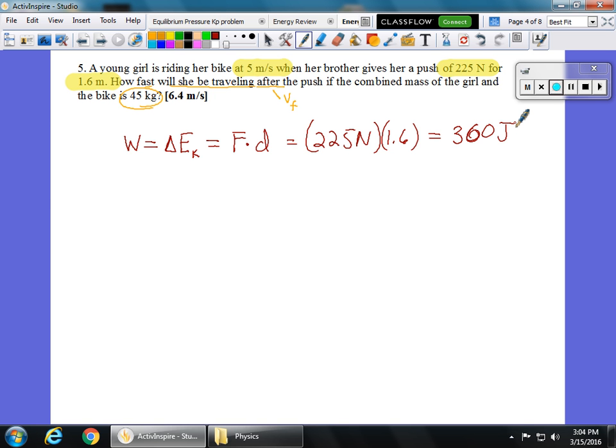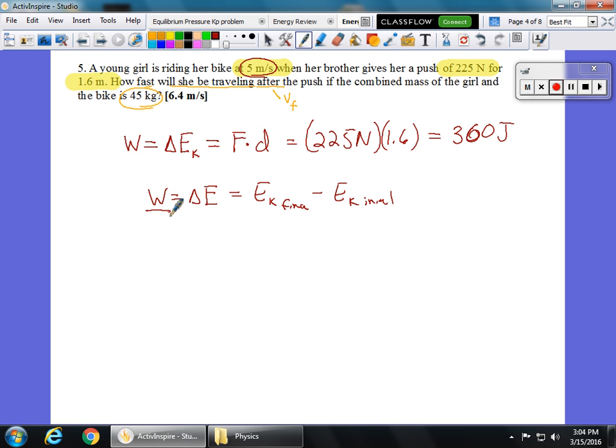So let's look at work equal to change in kinetic energy, right? Which is going to be her kinetic energy final minus her kinetic energy initial. Well, one of them we're able to calculate. We can calculate her kinetic energy initial because we said up here she was going 5 meters per second before the brother pushed her.